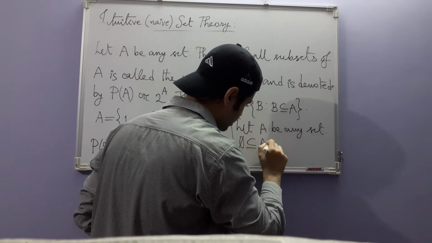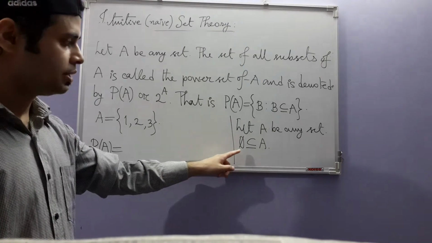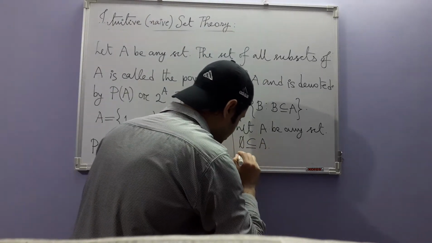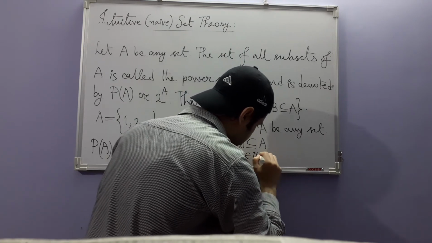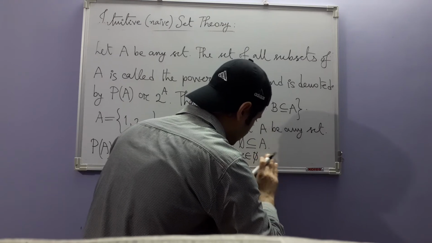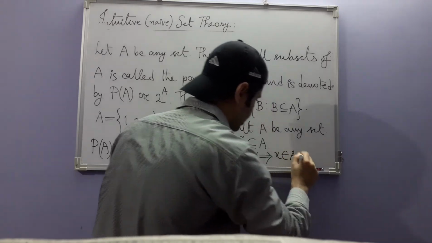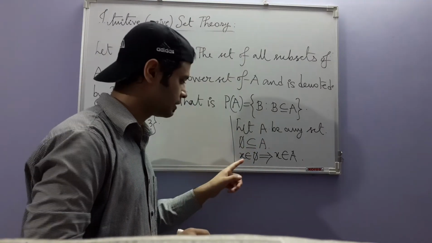The empty set is a subset of A. You see, go back to the definition of subsets. This means x belongs to the empty set implies x belongs to A. This is the meaning of being a subset of another set.